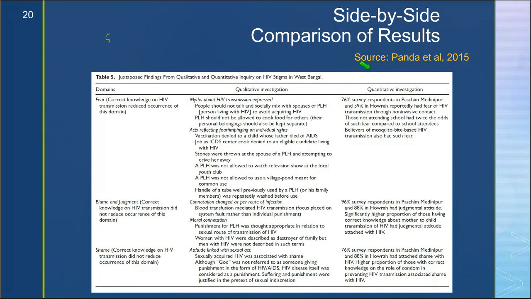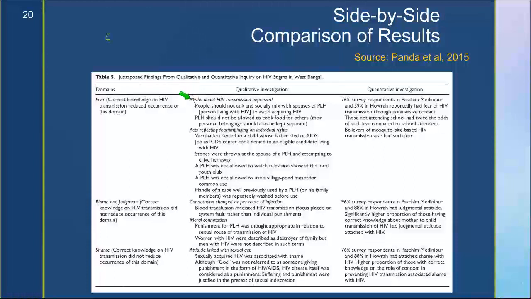So note, this joint display is really kind of interesting. They have it organized by these different domains, and they note that they're juxtaposing their findings from their qualitative and quantitative investigation. So their domains, things like fear, blame and judgment, shame, and then they aligned, and this is facilitating that merging comparison, what they learned quantitatively about fear.